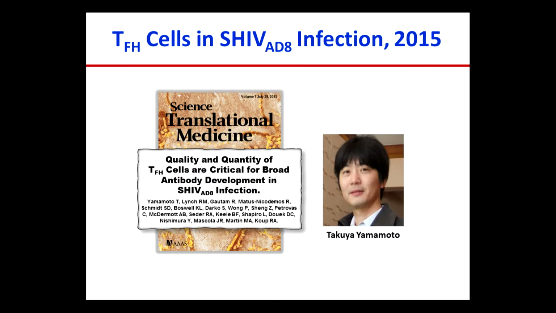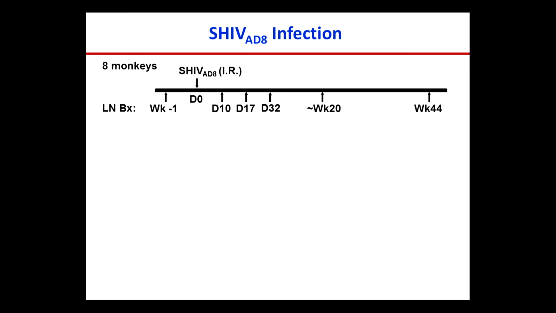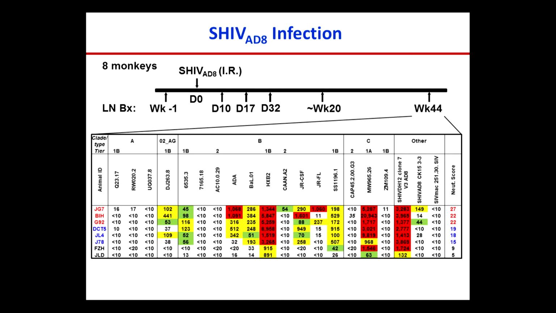So what we did is we took 8 monkeys, infected them with SHIV88, and then took multiple lymph node biopsies over time and blood and evaluated what was going on. What we knew from past studies with this infection is that neutralizing antibodies come up slowly, but by about 44 weeks, you can usually find broadly neutralizing antibodies in these monkeys.